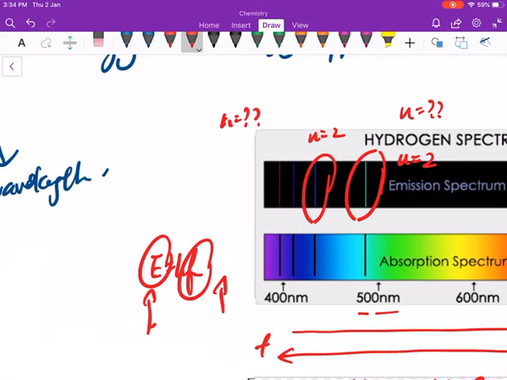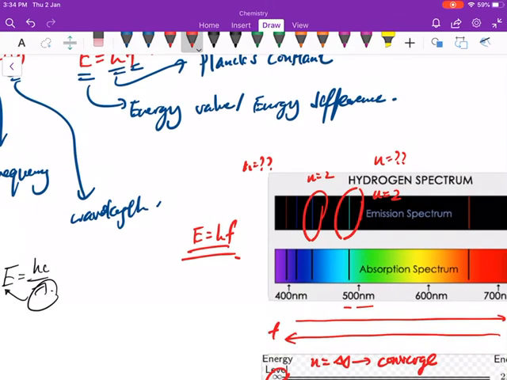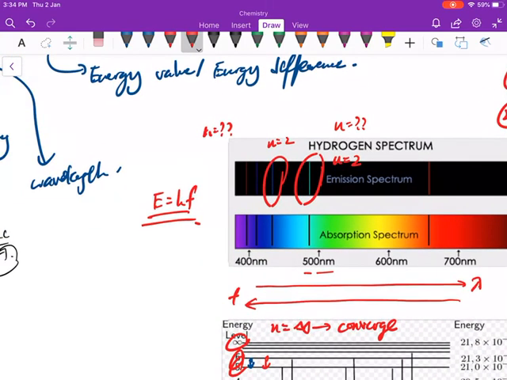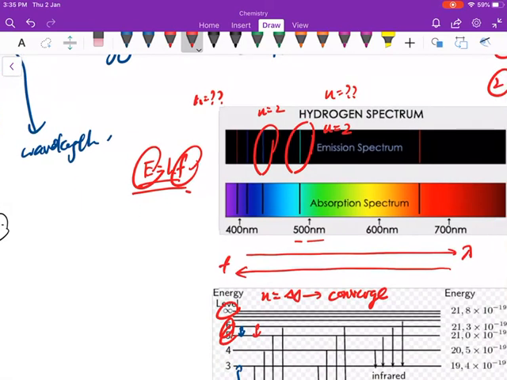Well, the answer lies with this equation that we have here. As we know, as frequency increases, the energy level increases, yeah? And the frequency increases on the left side. So that means it must be this one that is the higher energy level. Let's say this is energy level 8 and this is energy level 6 going down.